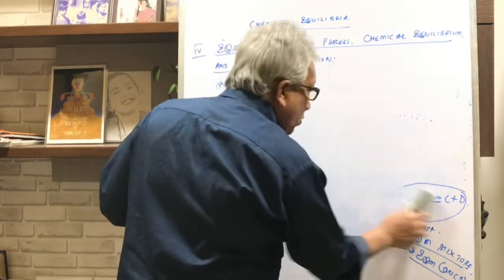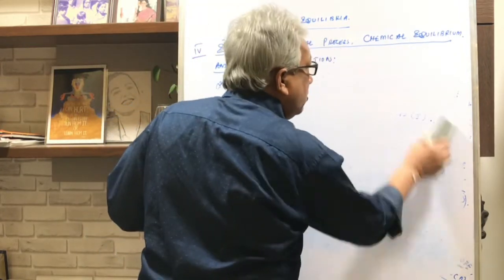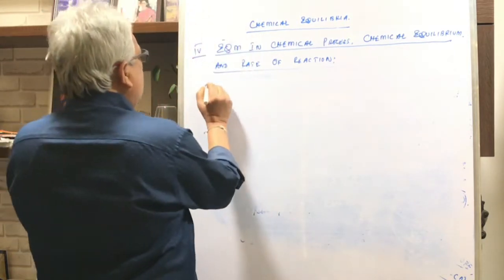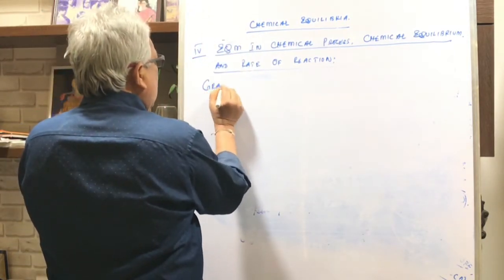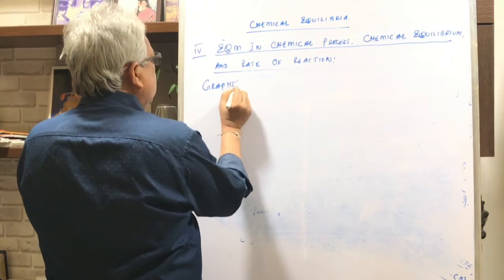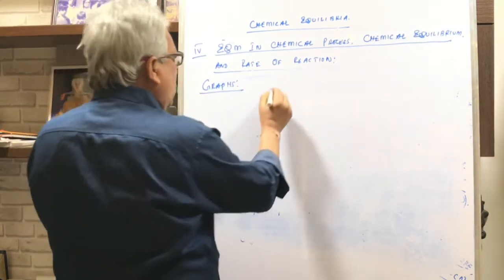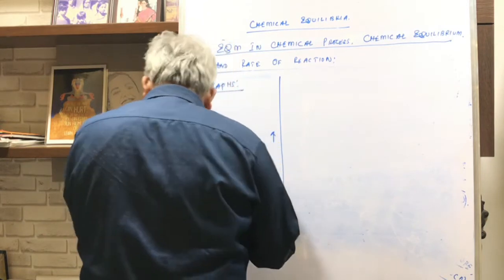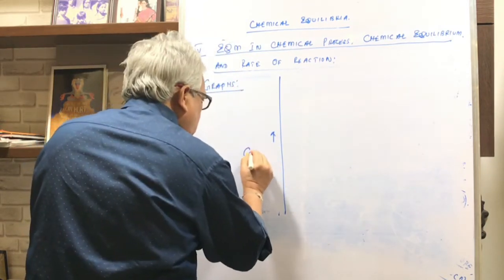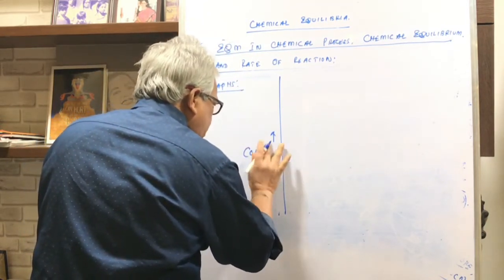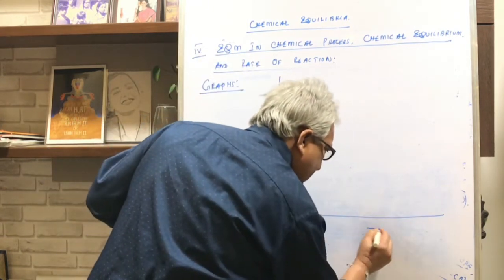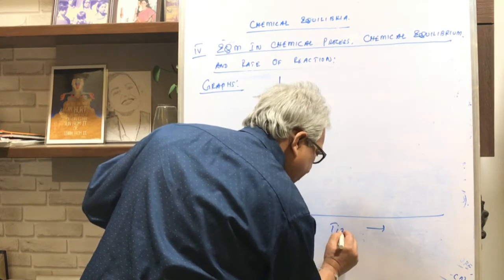Now what we have to do is, we have to plot two graphs. In the first graph, on the y-axis I take the concentration of reactant, product, etc., and on the x-axis I take the time.